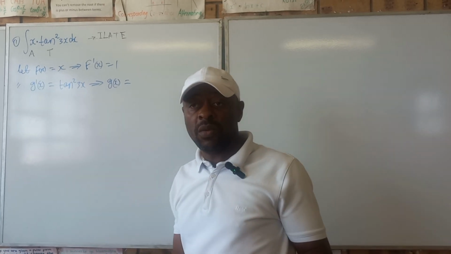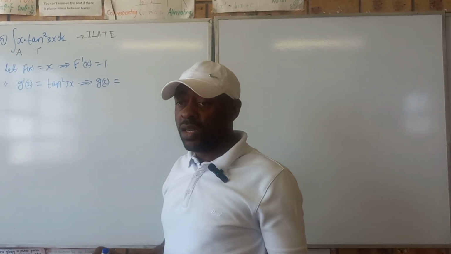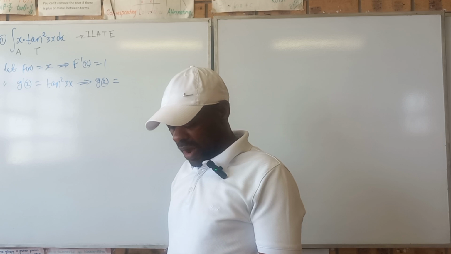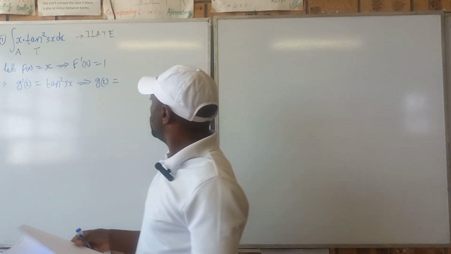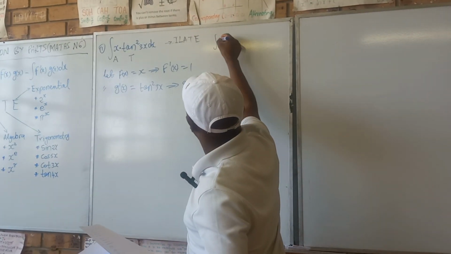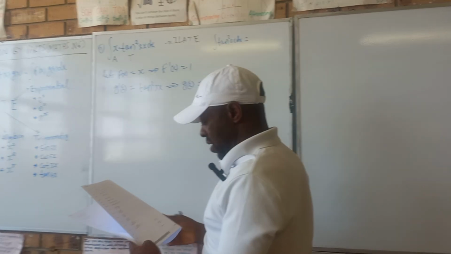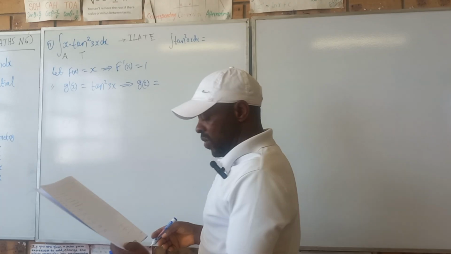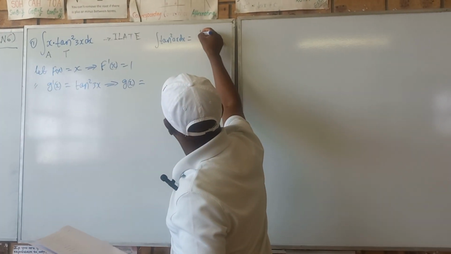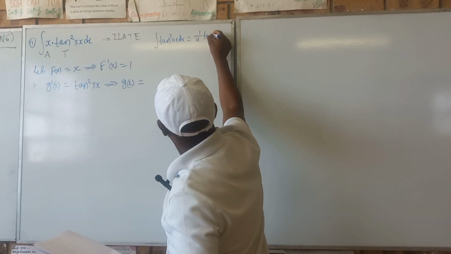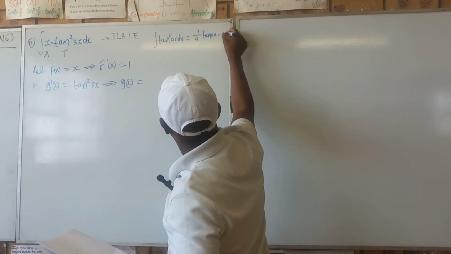You simply open your formula sheet to page number 3 and look at the last formula at the bottom. That last formula says the integral of tan squared ax dx, in column number 3, is 1 over a tan ax minus x plus c.